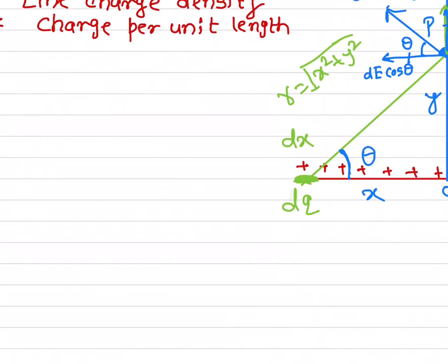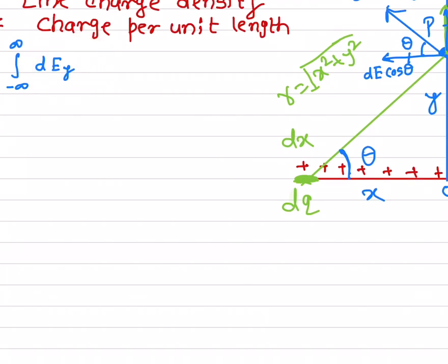So this total field, let me write down here, the total electric field can be given by the integral from minus infinity to infinity, and it has only the y component here. What does this dEy mean?